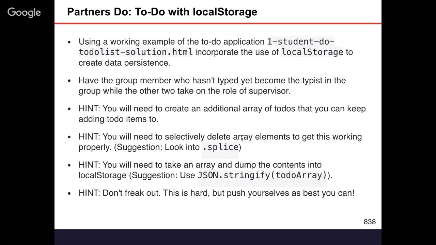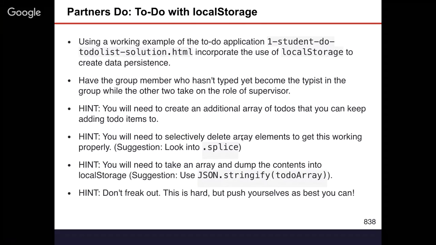All right, so that's it's like a 1, right? Okay, cool. All right, so we're going to use a working example, right? We're going to use local storage to create data persistence. Okay, so one person's going to do the typing again, okay, and the other members of the group are going to supervise the type role. Work on it together, okay? Look at the instructions within the page as far as what we're going to do is create an additional array of to-dos that can help keep adding items like we did, right?